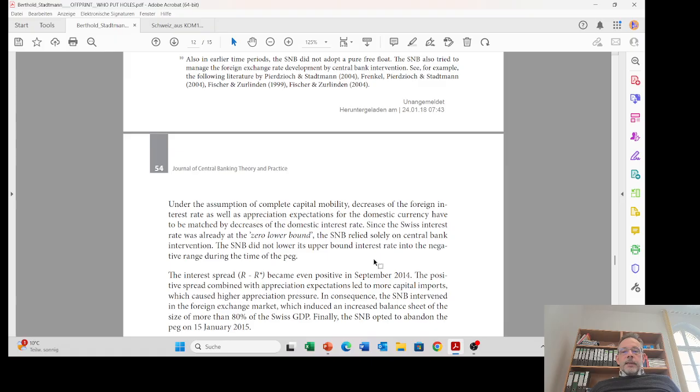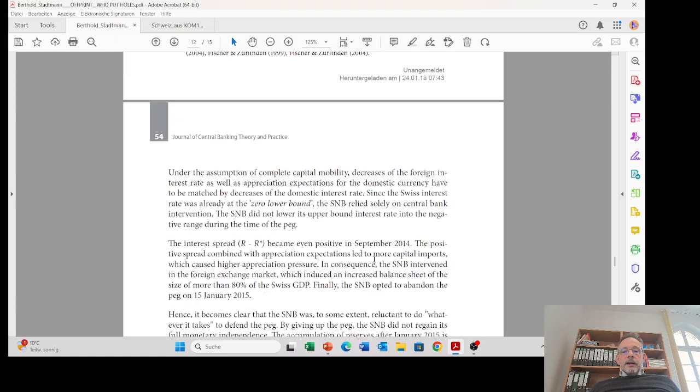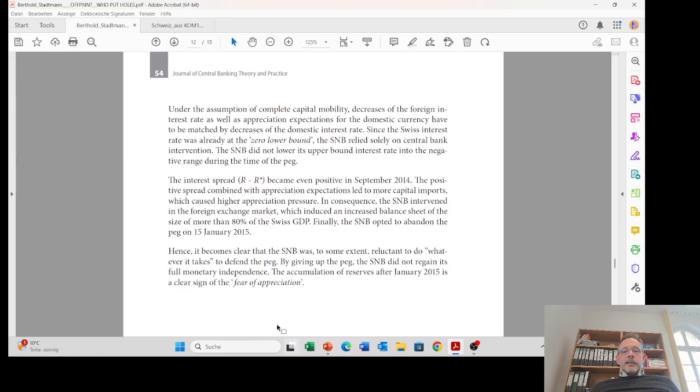And in case that the ECB is putting the foreign interest rate to the level of 0, and there are still appreciation expectations, it has to be the case that the Swiss National Bank has to put the interest rate level into the negative range.